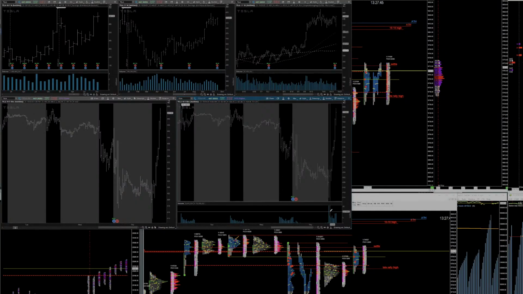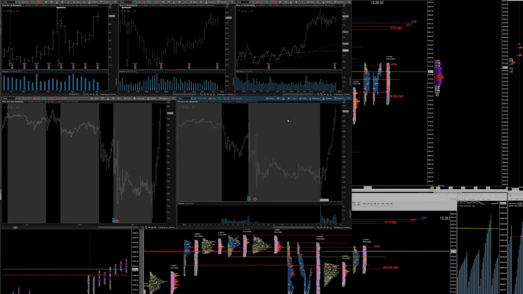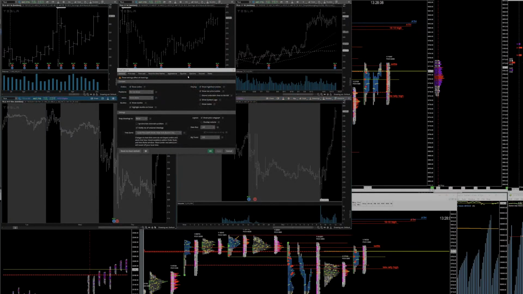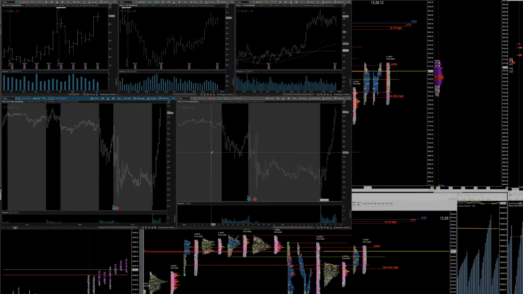We have huge volume at the opening here, this Tesla. This is not supposed to be 30 minutes, this is supposed to be 15. This is supposed to be 30. Equities, volume, apply, okay.